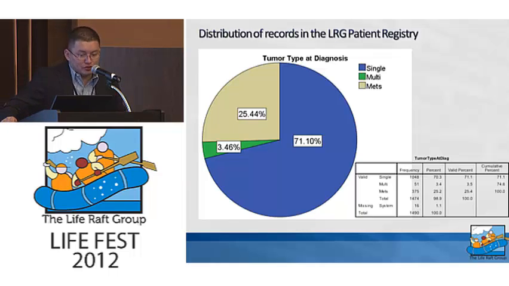Let's see now the distribution in regards to tumor type at diagnosis. We have single tumor, multifocal, or metastatic.